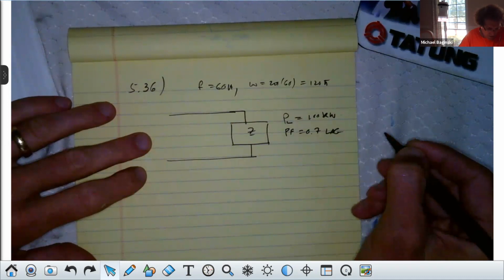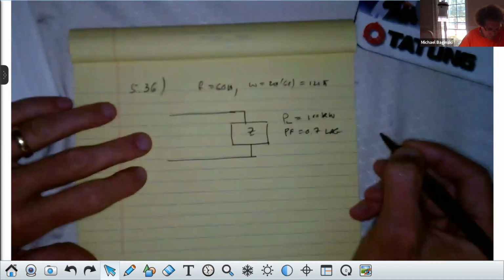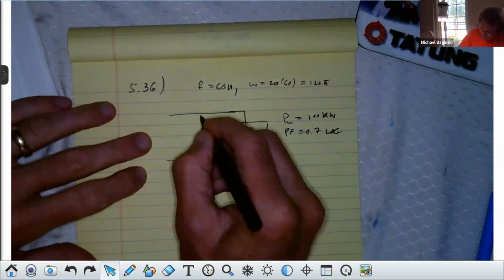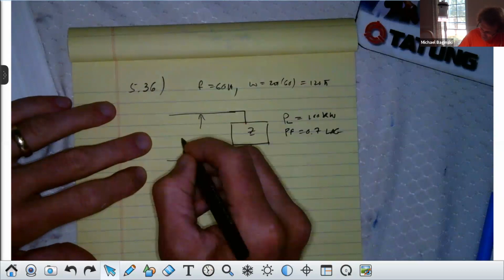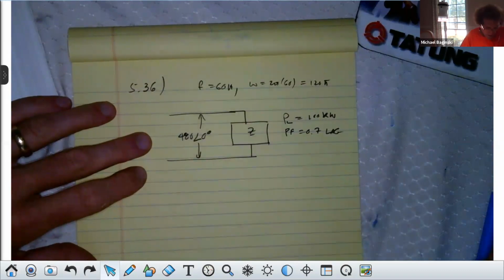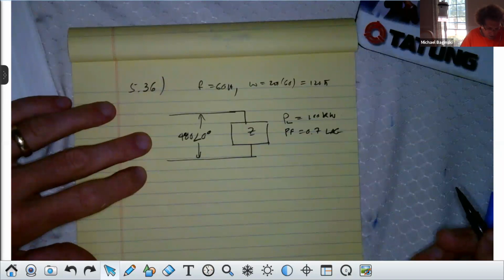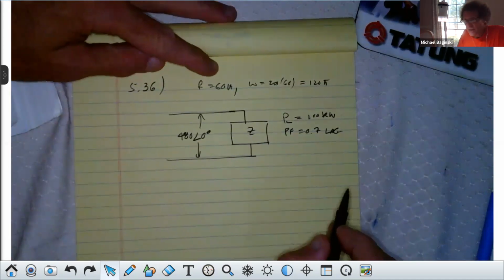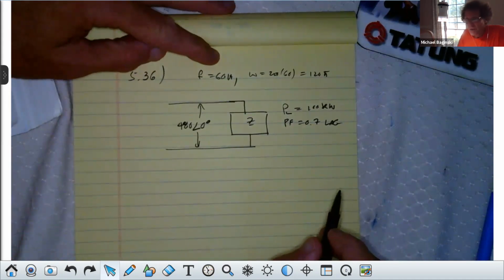And then it has 480 volts at 0 degrees here. So the voltage here is 480 at an angle of 0 degrees. And if a 100 microfarad capacitor is placed in parallel with the load, what is the new power factor? Well, we're going to first calculate the old power factor without adding that. Everybody got that? Yeah.